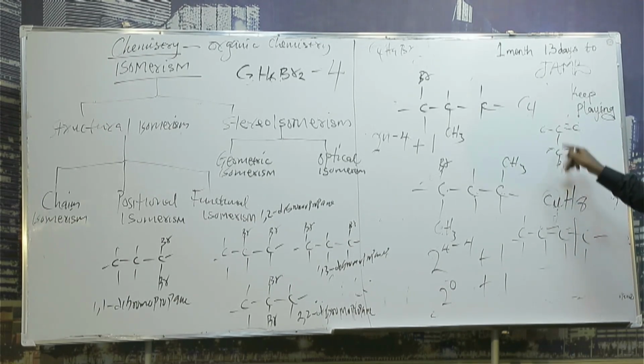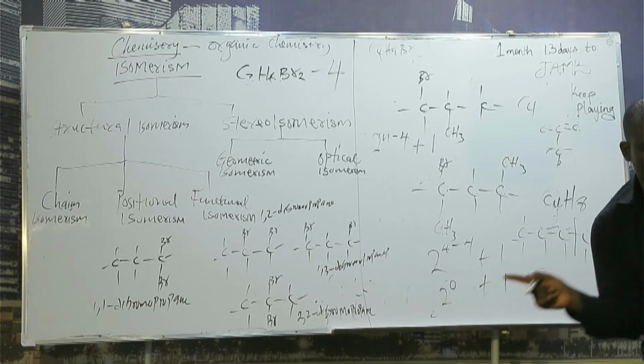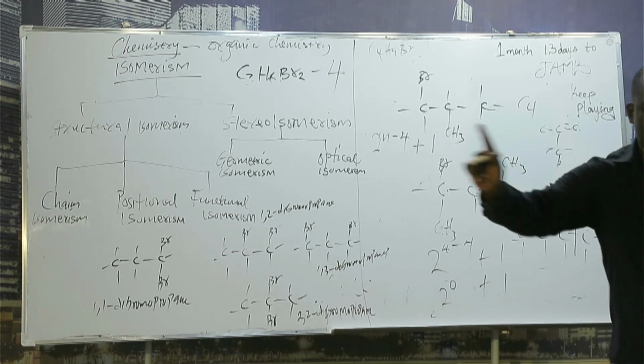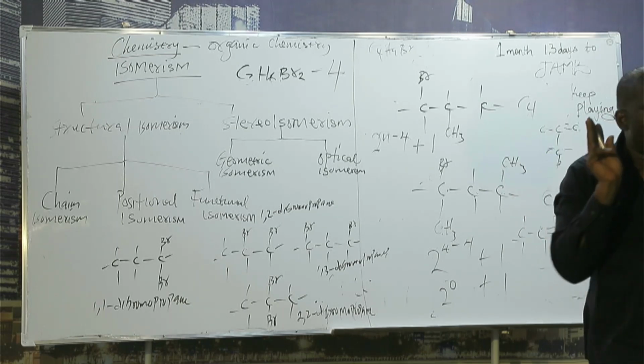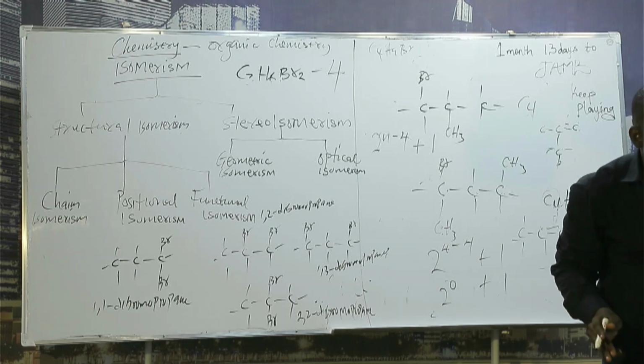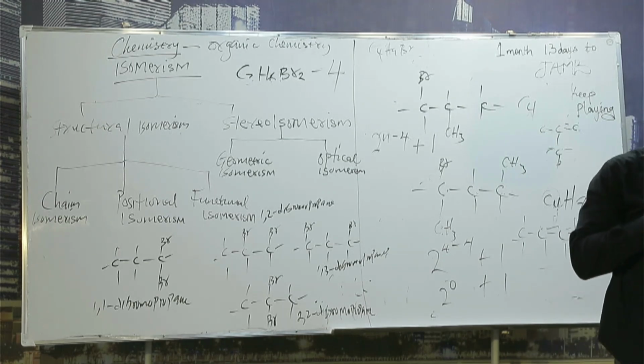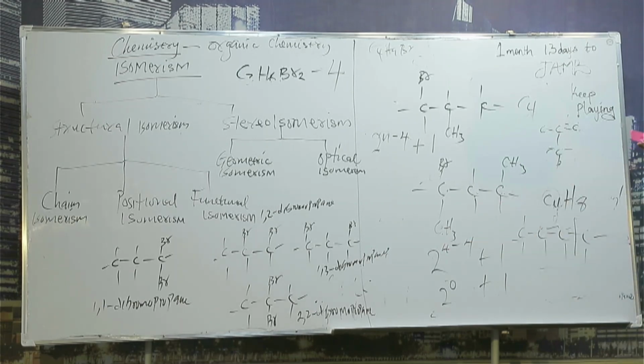The name of this one is 2-methylprop-1-ene. So we have but-1-ene, but-2-ene, and 2-methylprop-1-ene. How many possible isomers are there in butene? 3. And how many in butane? 2. So that is why the formula is only for this case.